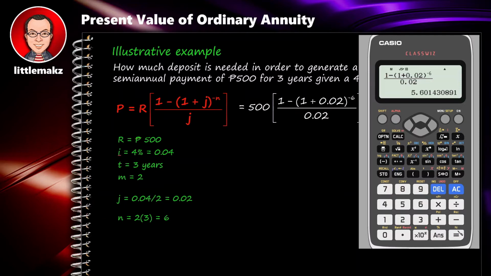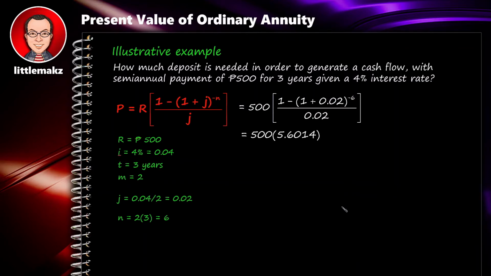And so we've got 5.6014. We take 4 decimal places. Okay. And that is it. Then we multiply that by 500. We get 2,800.72. So this amount is the total deposit which is needed in order for you to generate the cash flow.